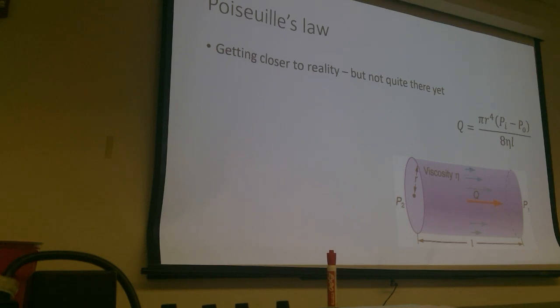All right, so this one you are going to need to know. We have something called Poiseuille's law, getting closer to reality. Q is flow. R refers to the radius.